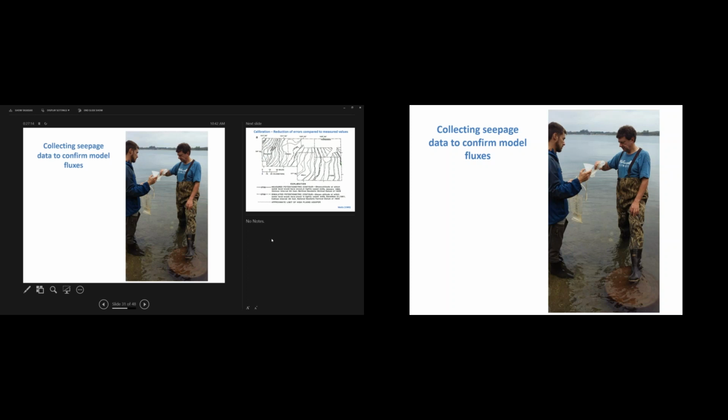If water is flowing out of the lake, it will leave that drum and be replaced by water from the IV bag. So you can actually measure a volume, and you turn it into a flux with the area of the drum, a flux rate out of the lake. And it was far, far lower than what sand would indicate.